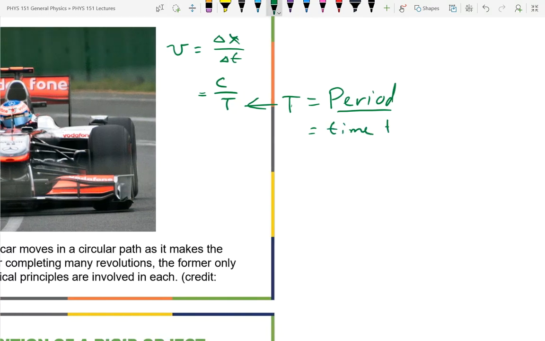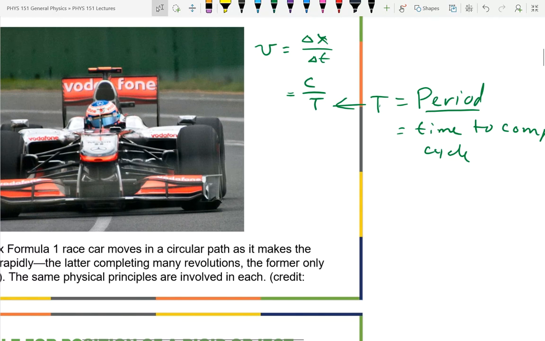The period is the time to complete one cycle. So the speed is 2 pi times the radius over the period. The period is the same regardless of where you are in that rigid object.